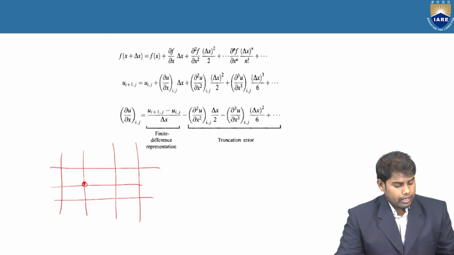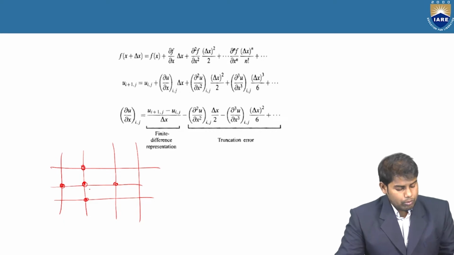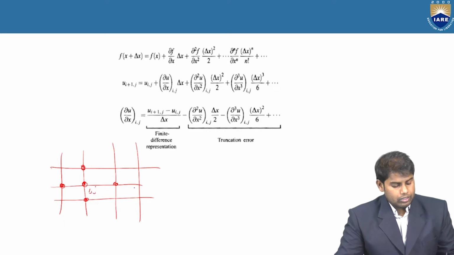If we call this point i comma j, then this point is i plus 1 comma j, this one is i minus 1 comma j, this one is i comma j minus 1, and this one is i comma j plus 1.